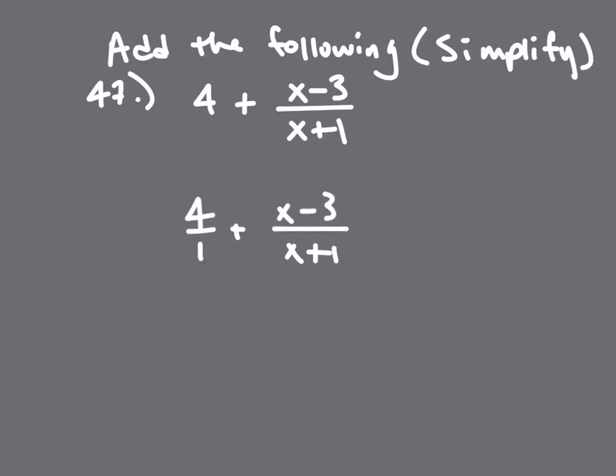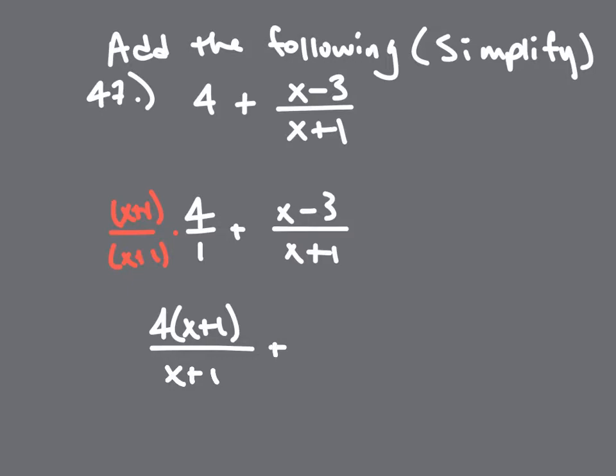So if I multiply this fraction by x plus 1 over x plus 1, and when we multiply fractions, I'm multiplying 4 by this quantity, I've got 4 times x plus 1 over 1 times x plus 1, which is just x plus 1.